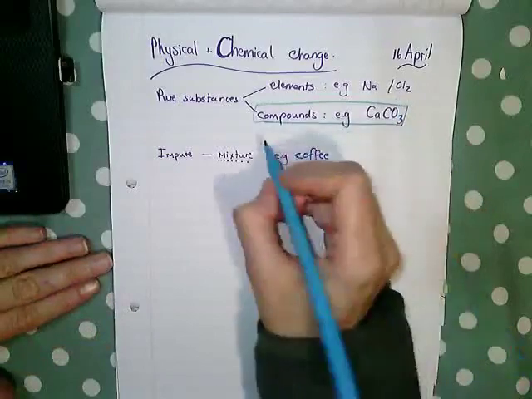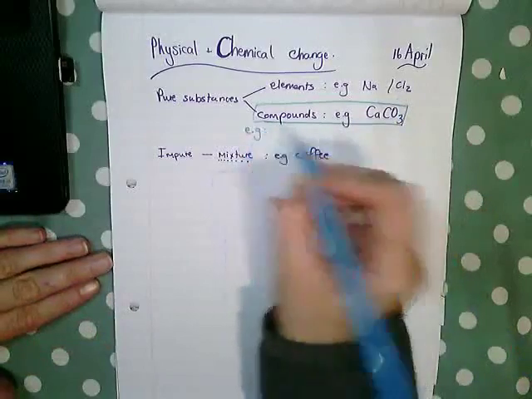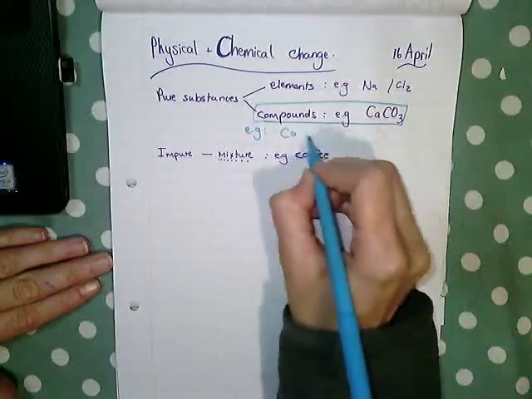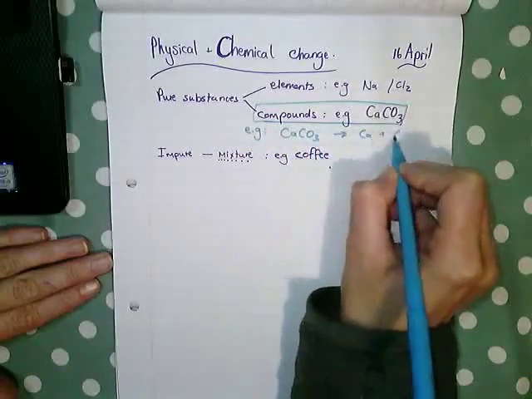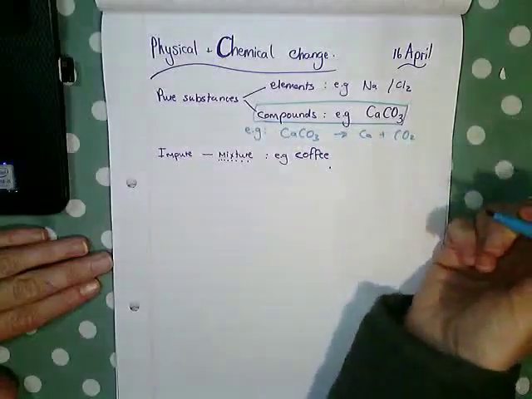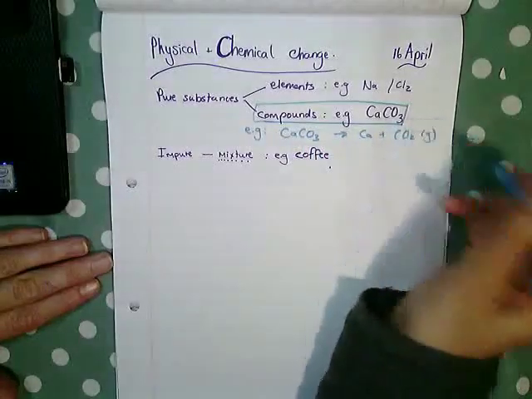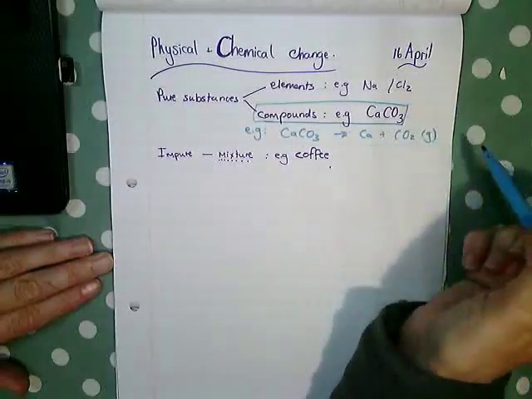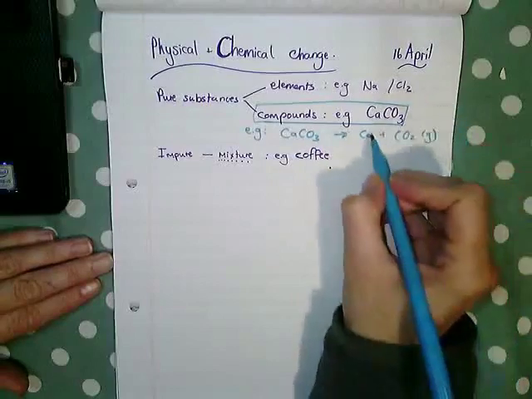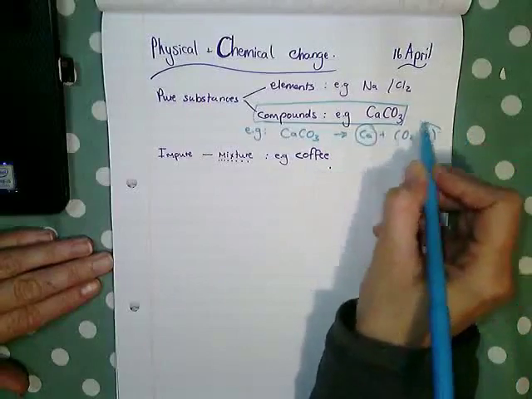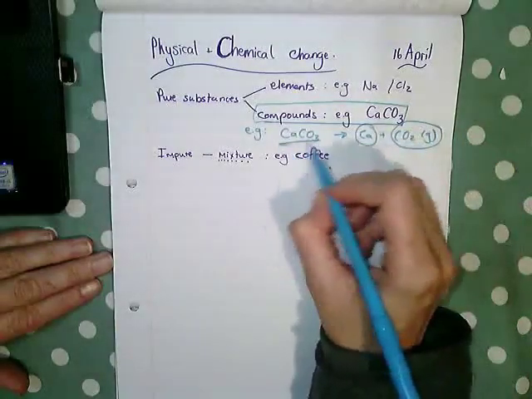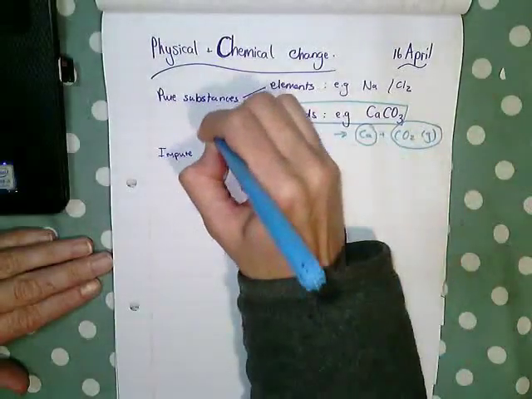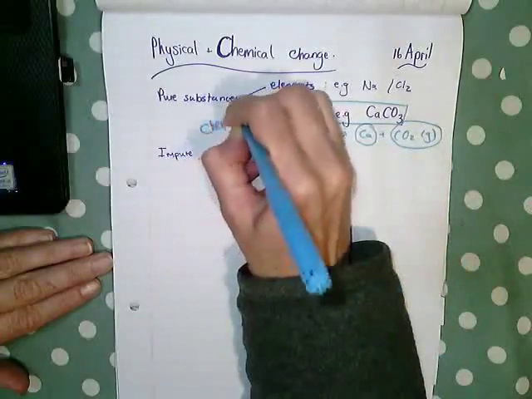For example, does it break that compound apart, like calcium carbonate forms calcium plus CO2? If that happens, then we don't end up with the same thing we had in the beginning. Then we have a chemical change.